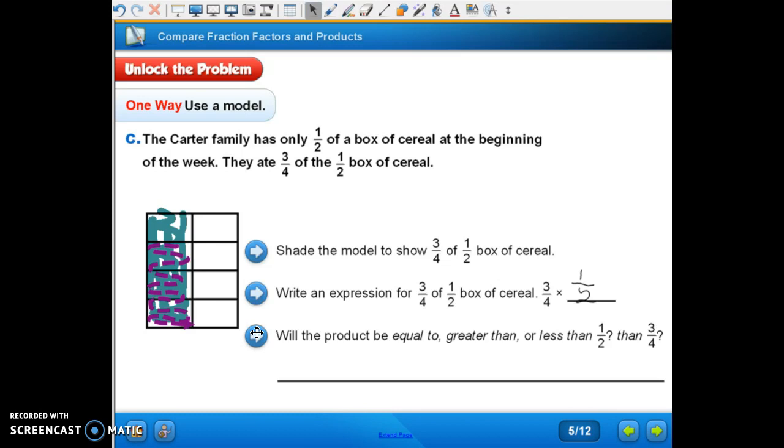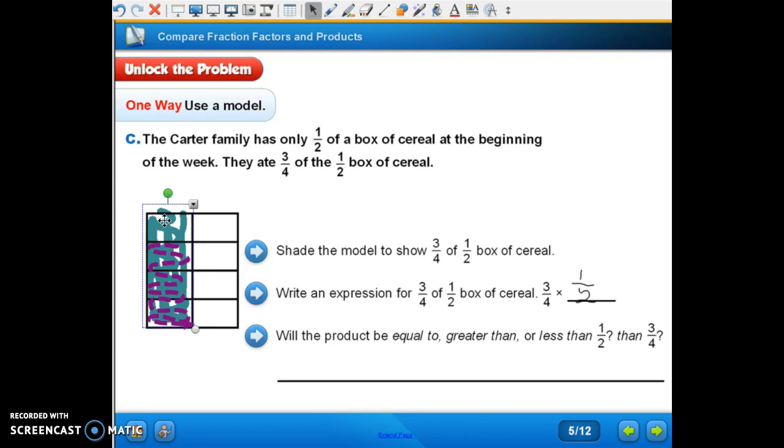How can you take half of something or 3/4 of something and have something greater than it? Look at this. I had half the pie. I shaded in 3/4. Is this purple part less than half of the pie?